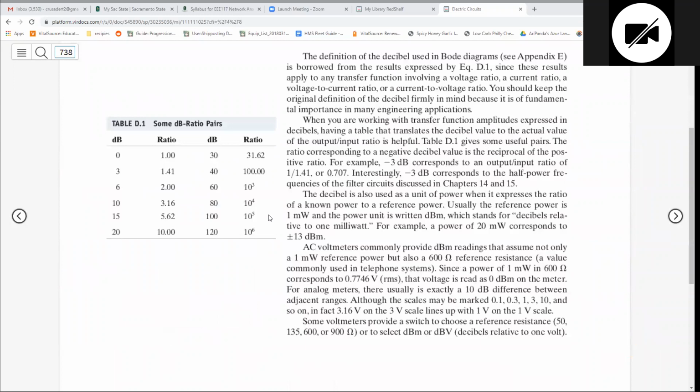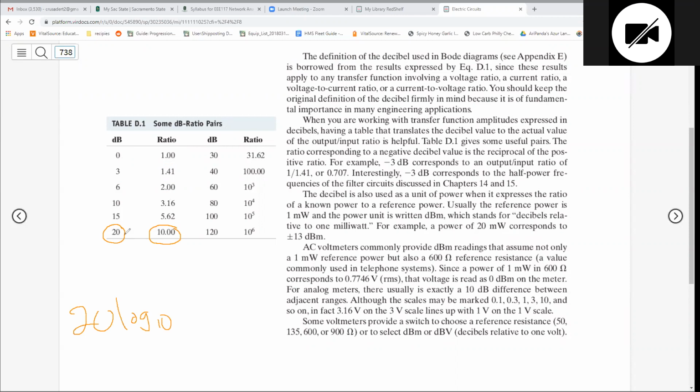So this shows some common pairings you're going to see. When your ratio is equal to 1, you have 0 dB. When your ratio is equal to 2, you're going to have 6 dB. If it's 1.4 to 1, this is 1 over square root 2, sorry, that's 3 dB. Now, because we're using 20 log base 10, every time we move up 20 dB, we're going to increase our ratio by a factor of 10.